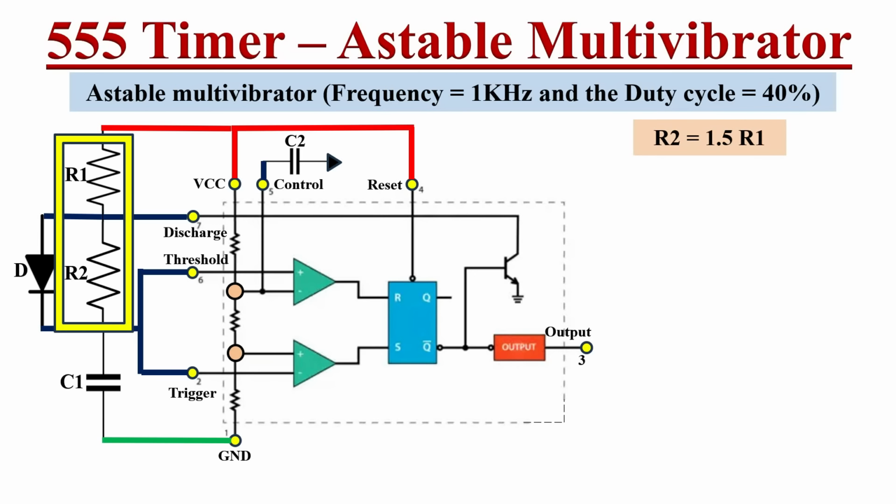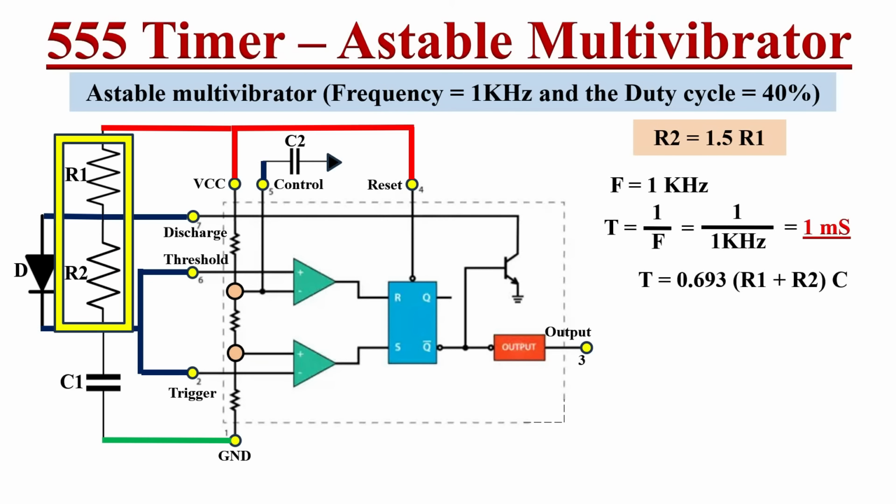Next, here frequency f equals 1 kilohertz. So the total time period equals 1 by f. That equals 1 millisecond. As we know, the total time period T of this 555 timer astable multivibrator circuit equals 0.693 into R1 plus R2 into C. So here 1 millisecond equals 0.693 into R1 plus R2 into C. Let's assume the capacitance value of this capacitor is 0.1 microfarad.